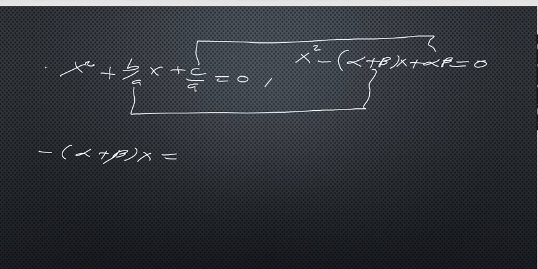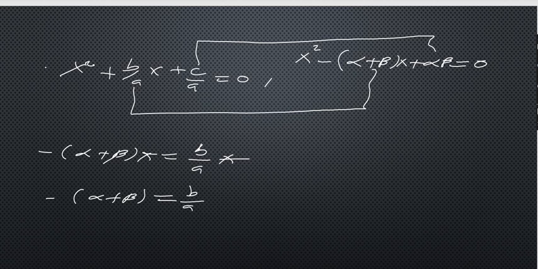Then we are going to equate it to what? To this one, since they are similar, so we can equate to b over a. Then we put x. So as you can see, these can cancel each other. So what are we going to remain with? We are going to remain with negative (alpha plus beta) is equal to b over a.